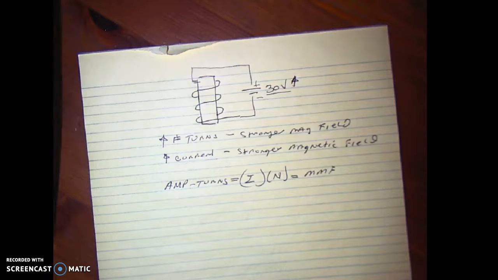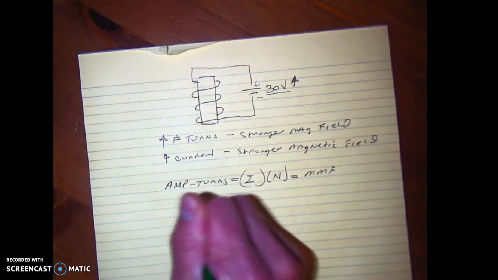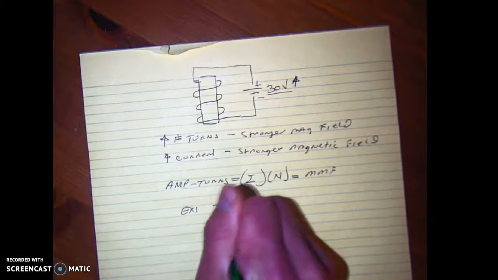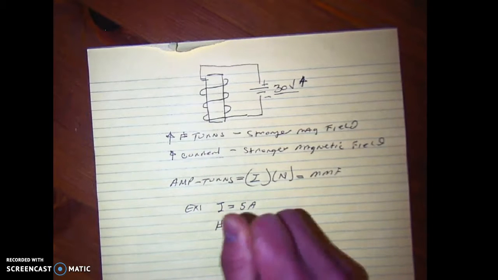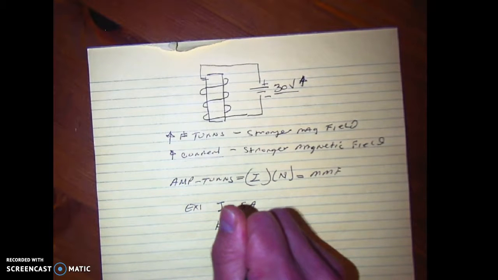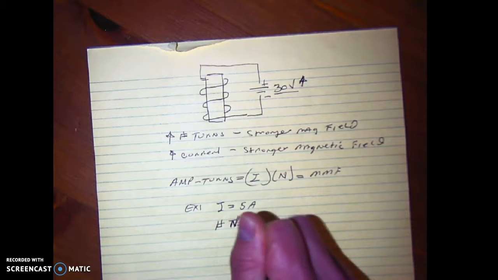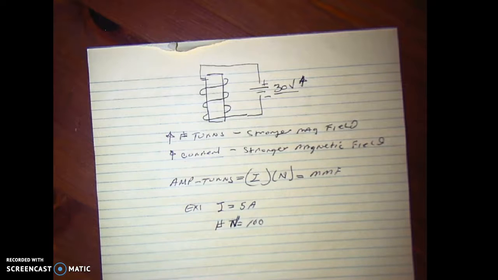Pretty straightforward. The units for this, magnetic motive force, is current times N. An example of this would be if I is equal to 5 amps, and the number of turns N is equal to 100.